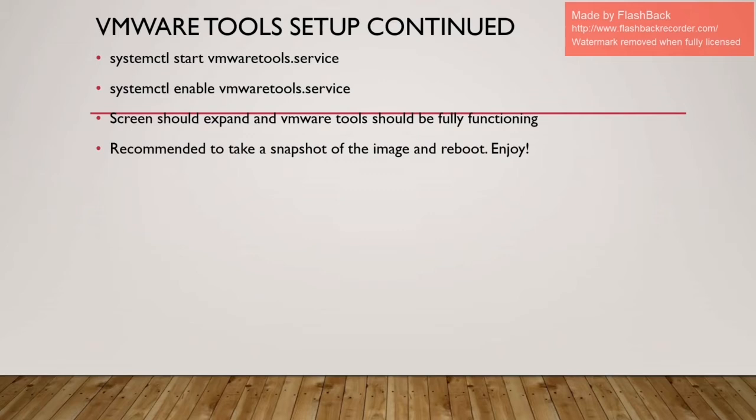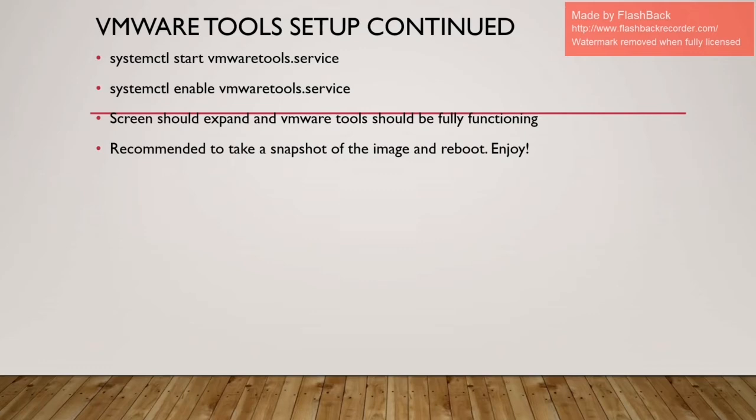I recommend to take a snapshot of the image. Back up this image. Perhaps take 2 snapshots. But definitely create a backup of the image and also reboot just to test and see if the system recorded your input.